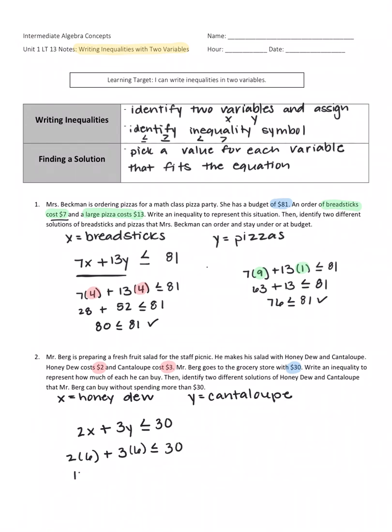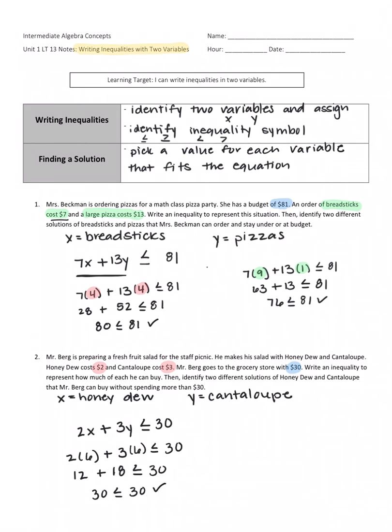Well, 2 times 6 is 12, plus 3 times 6 is 18. What is 12 plus 18? Well, 12 plus 18 is 30, and that is less than or equal to 30. So that checks out. That's good.